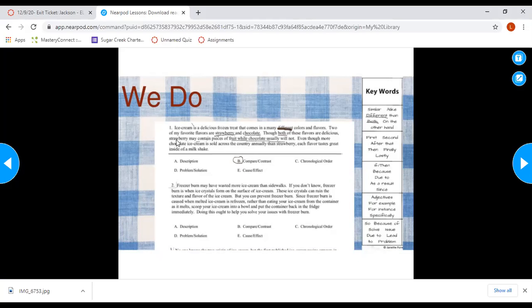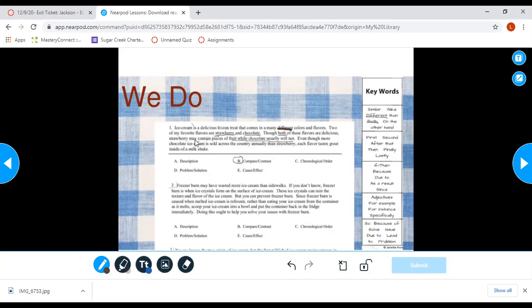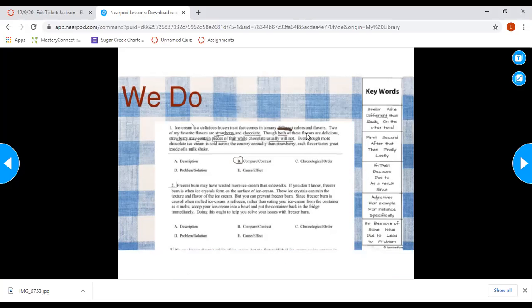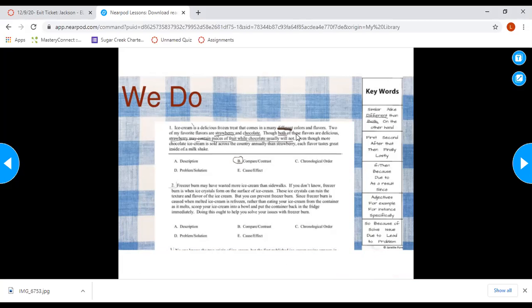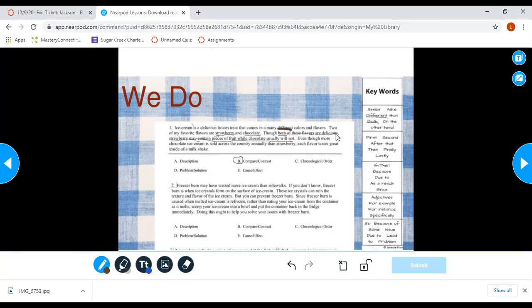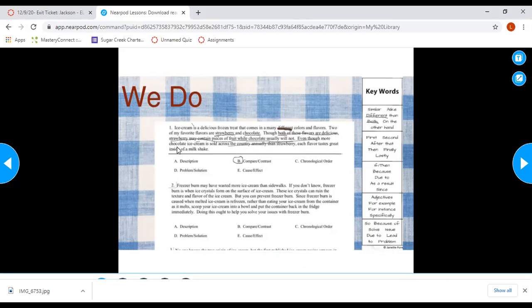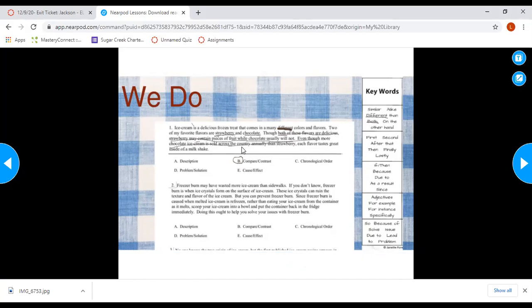This was the difference. All right, this is how they're the same. Both flavors are delicious. It also said that more chocolate ice cream was sold across the country than strawberry.